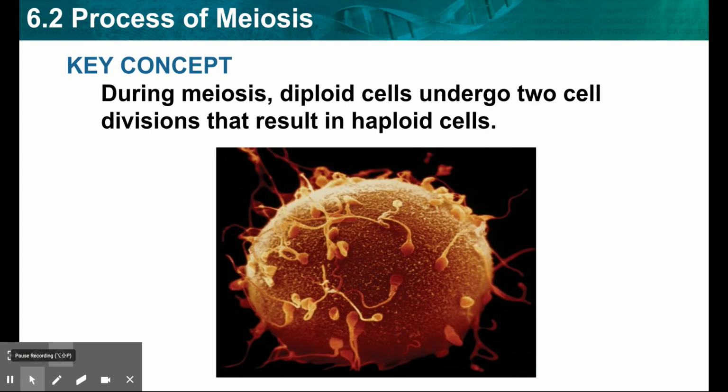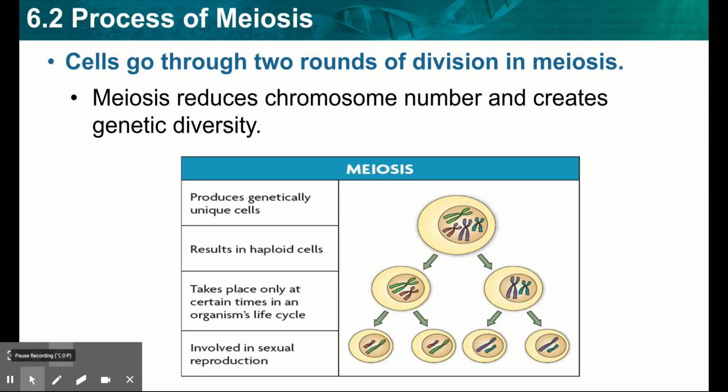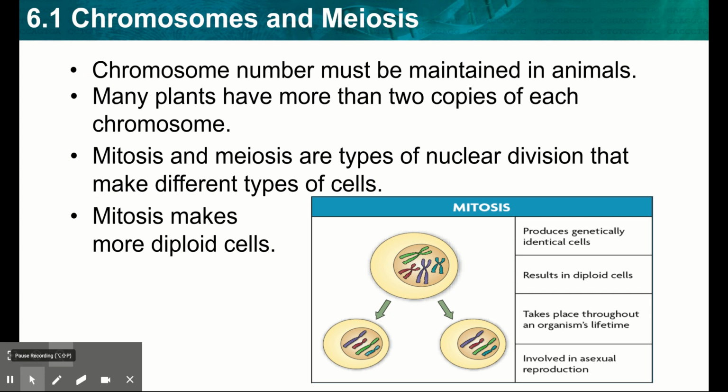And let's compare these two. Make sure that you copy down this chart. So mitosis, producing genetically identical cells, results in diploid cells. So every cell has the exact copy. It takes place throughout an organism's lifetime.